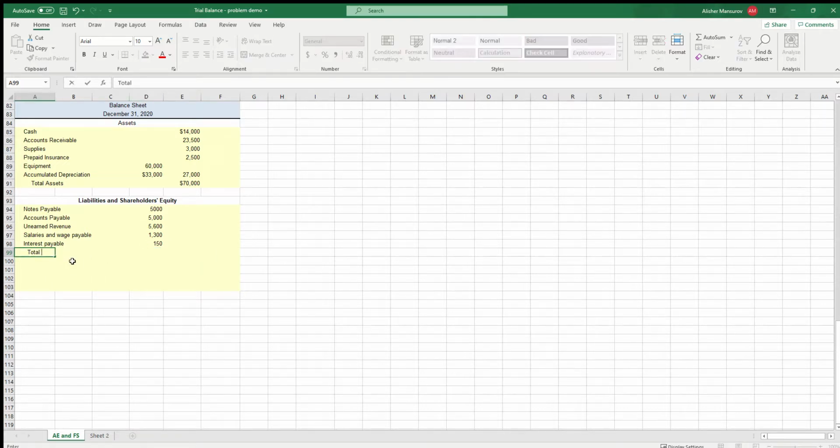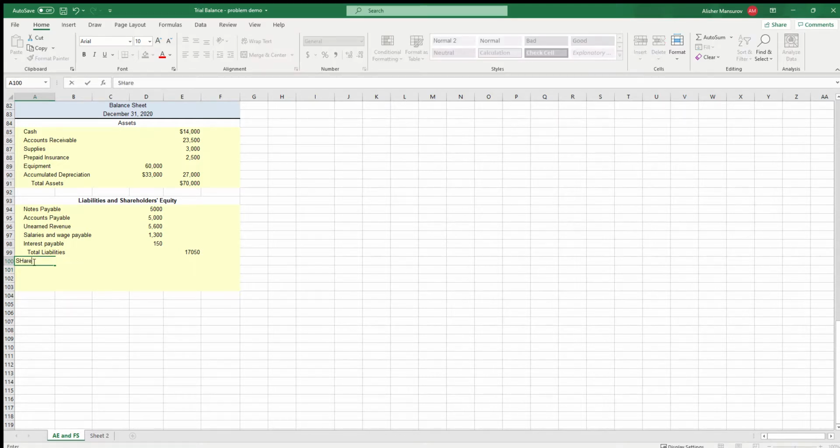So total liabilities is the sum of these all. Let's make sure. Sum. And $17,050 is the amount of total liabilities.